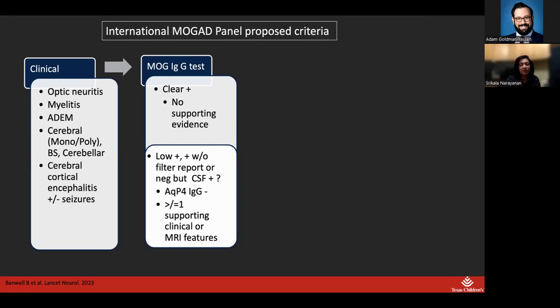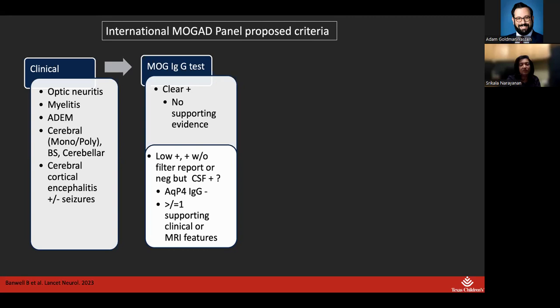But if the MOG IgG test is a low positive, or it's positive but it doesn't have a titer report, or it's negative but positive just in the CSF, which is not the best thing because MOG is extrathecally produced, then you have to do two things.